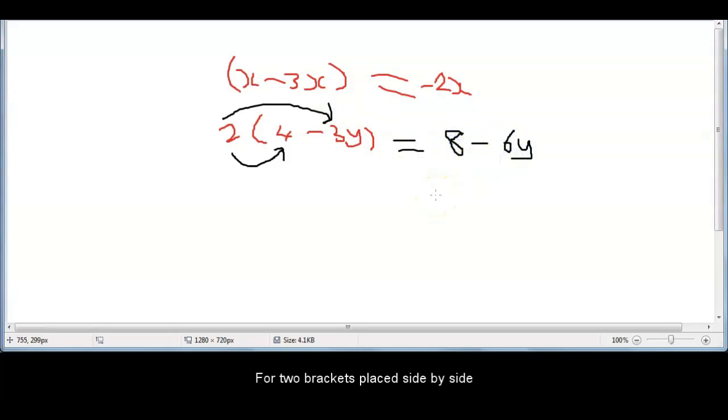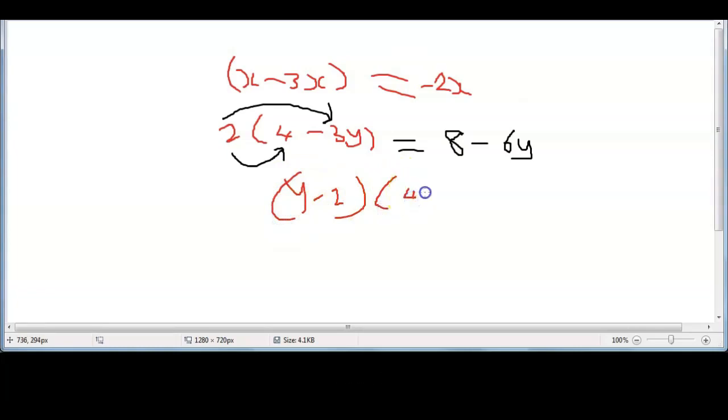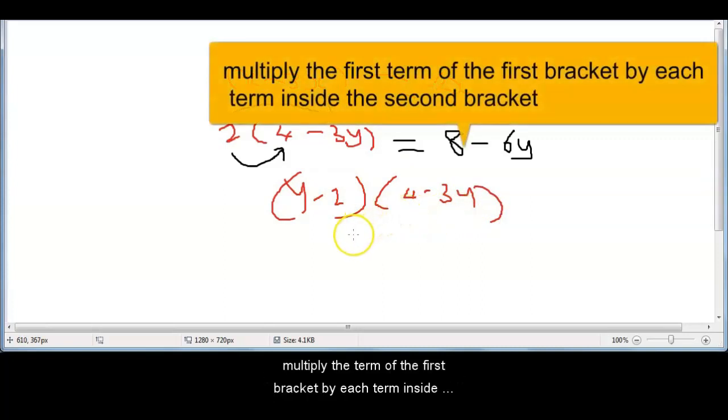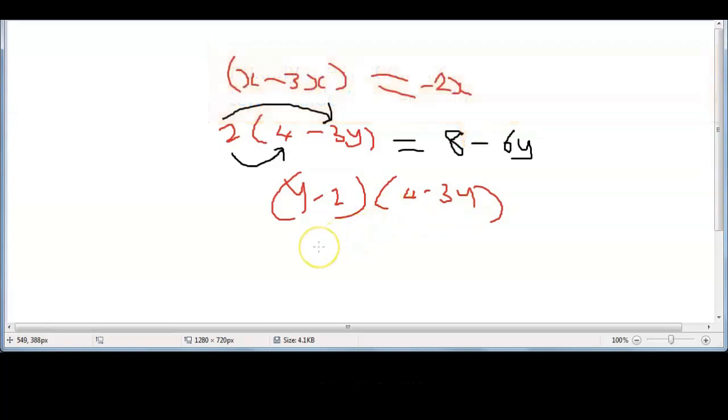For two brackets placed side by side, say you have y minus 2 and 4 minus 3y, we use the concept of expansion. Multiply the first term of the first bracket by each term inside the second bracket. That should be y by 4 and y by minus 3y.